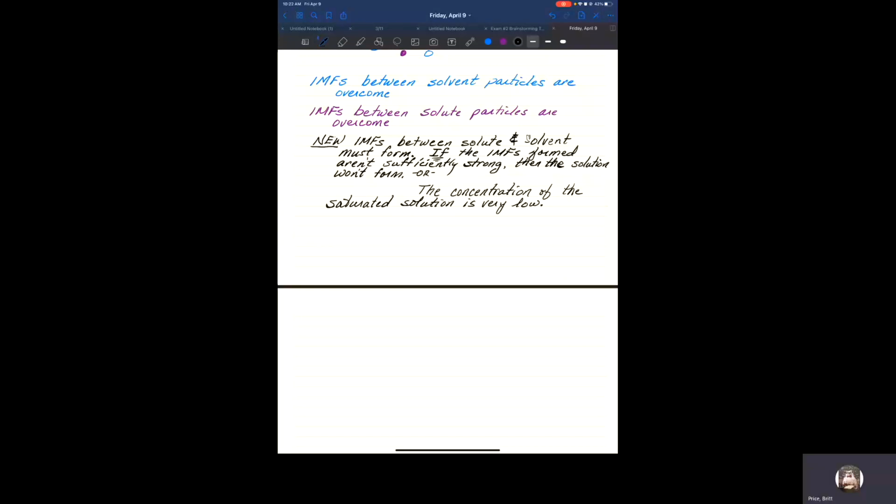So not a lot of the solute will get dissolved into the solvent.